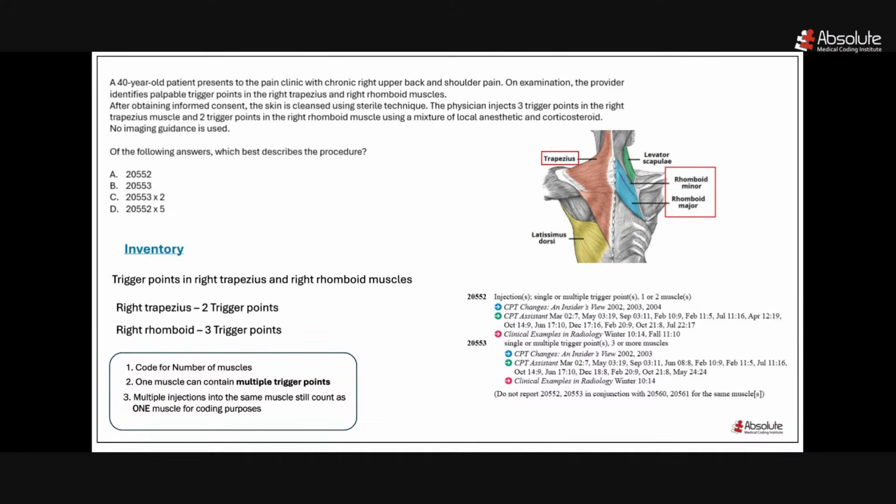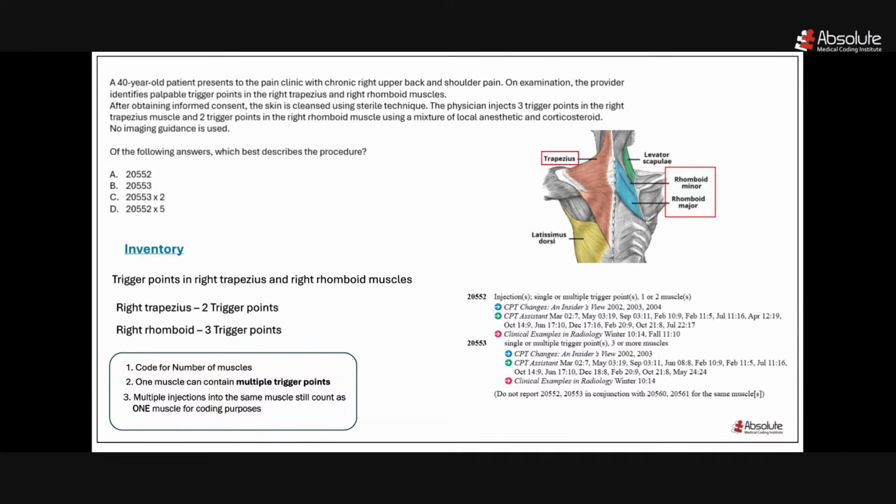They are the two muscles, with two trigger points in the right trapezius and three trigger points in the right rhomboid muscle. So let's have a look into the guidelines before we start coding this scenario. Guideline number one, as I said, you have to code for the number of muscles and not for the number of injections.